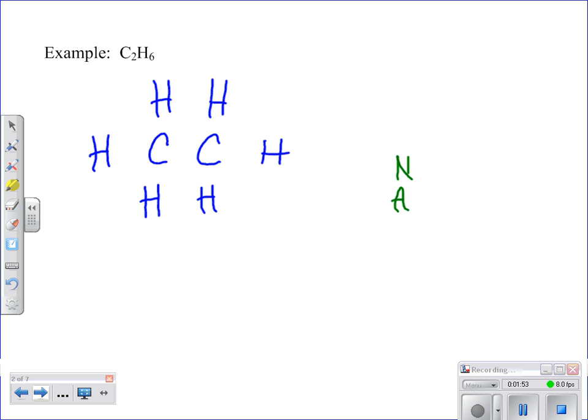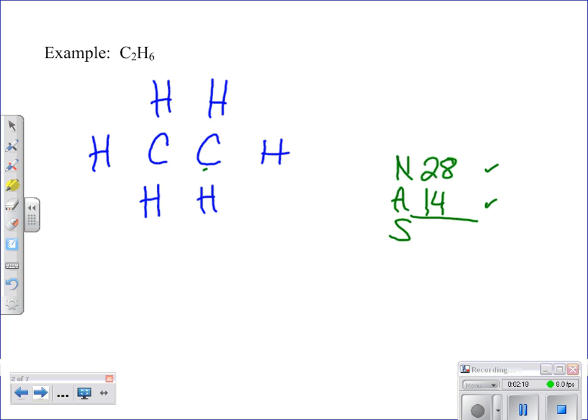We have our needed, available, and shared. As far as needed, that's going to be 28. As far as shared, it's going to be 14. Take a second and count those up and make sure you get that. Also, another little note for you. Whenever we're looking at just carbons and hydrogens, your available is always, always, always going to be half of your needed, because carbon, for example, needs 8, but it's only got 4.